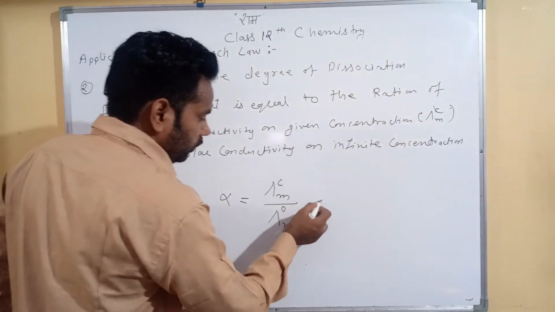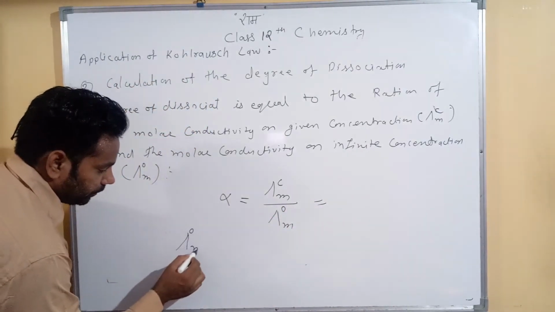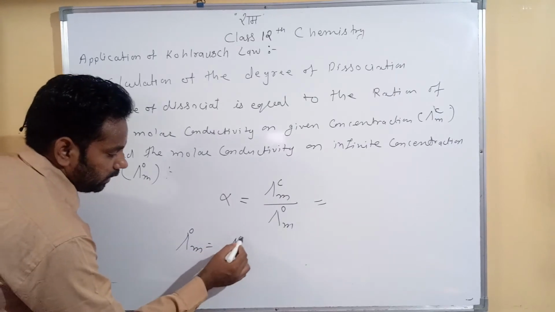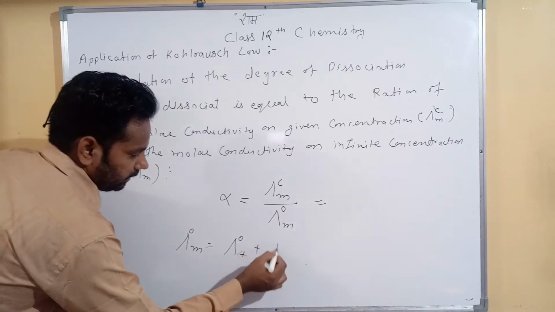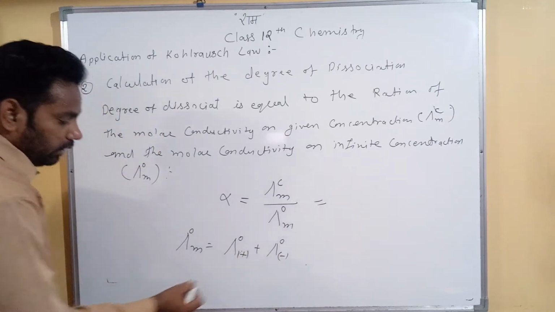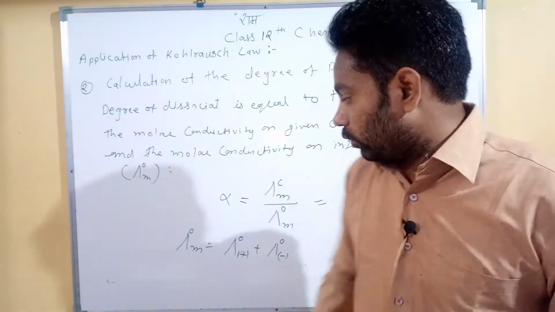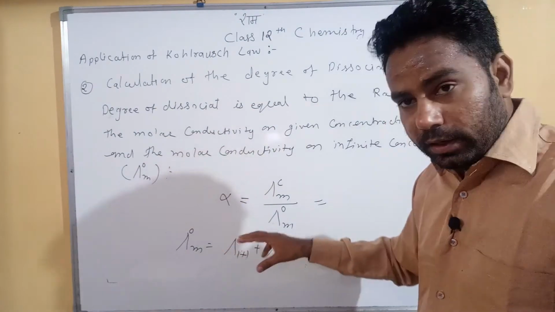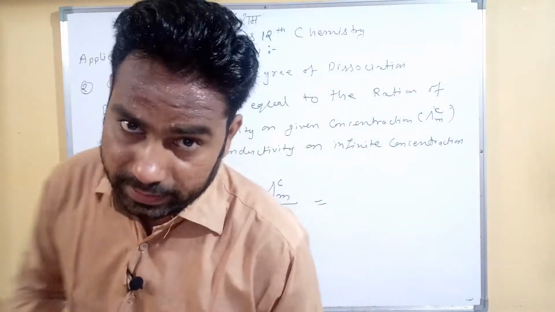Okay, and we know that according to Kohlrausch's law, the limiting molar conductivity is equal to the limiting molar conductivity of cation and anion. You know about Kohlrausch's law, the limiting molar conductivity of any electrolyte is equal to the sum of limiting molar conductivity of cation and anions.